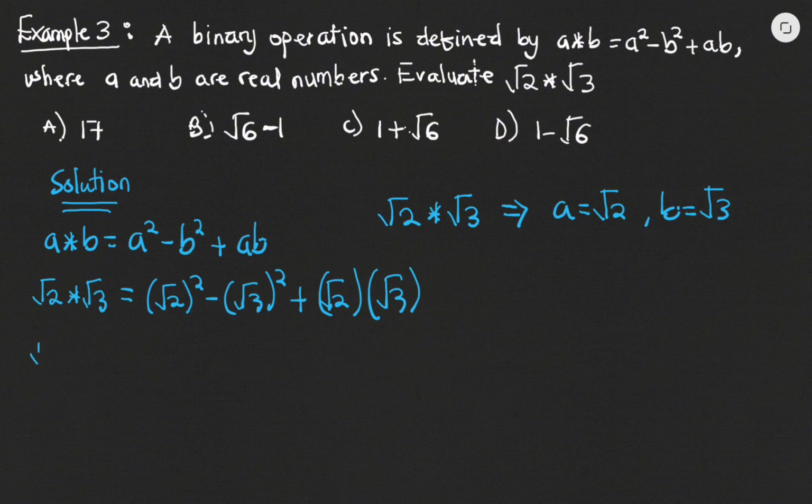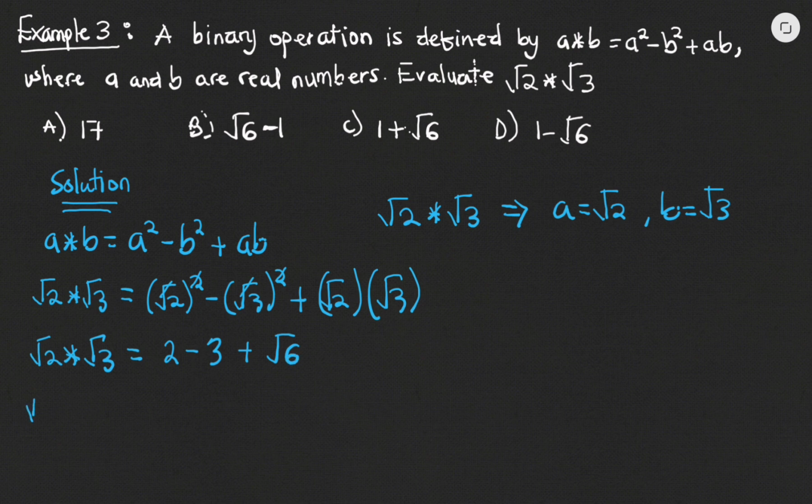Okay, so it means that root 2 operation root 3 will be equal to, here I have root 2 squared, so the square will cancel the root sign, so I have 2 here, minus root 3 squared, the square will cancel the root sign, I have 3 over here, plus root 2 multiplied by root 3 will give me root 6.